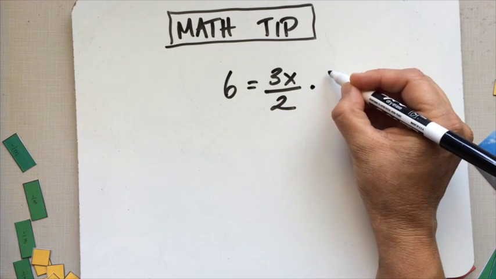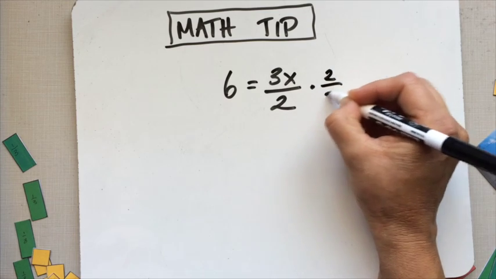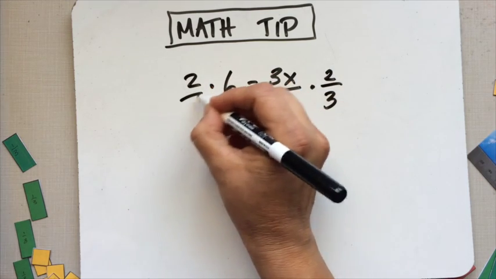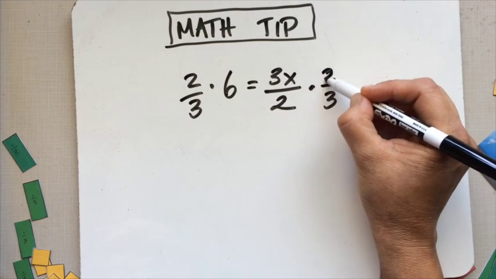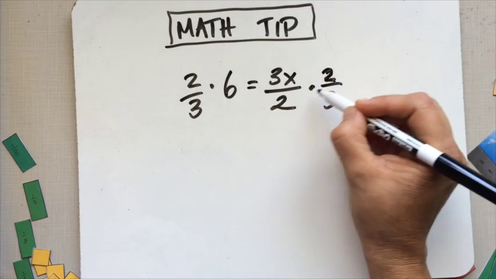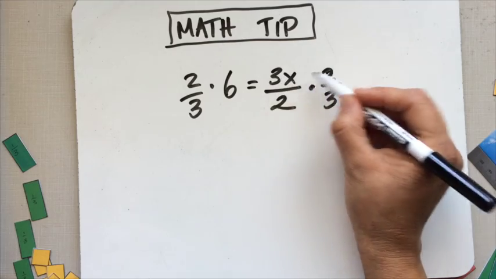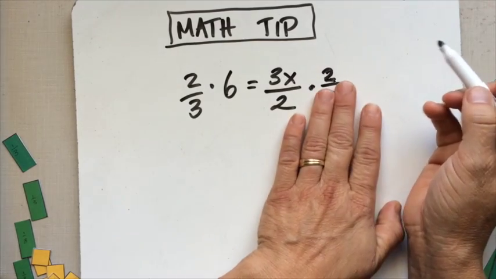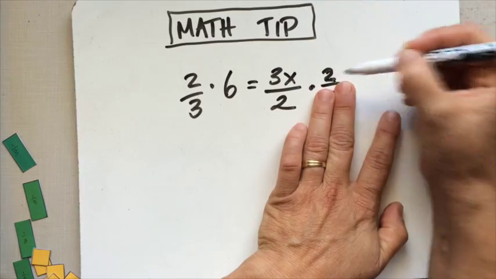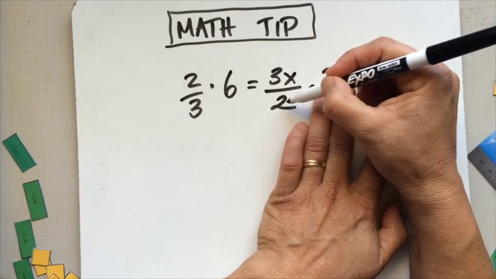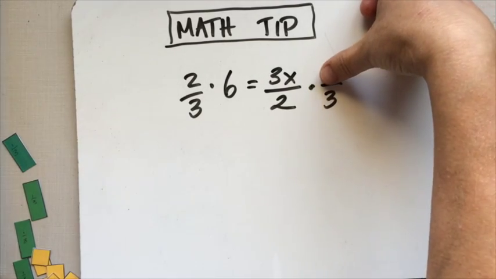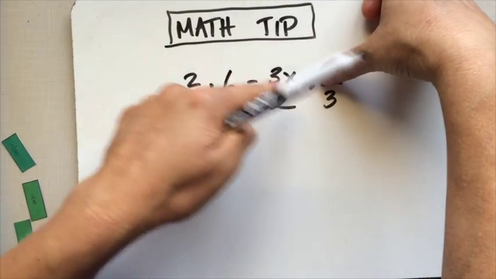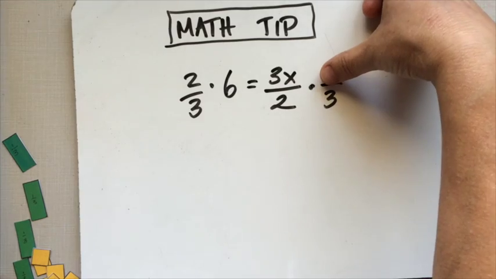You're going to see this: multiplying both sides by 2/3. Do you see that when I put this 2 in the numerator here, I'm actually multiplying by 2? If this wasn't here, this would be multiplying 3x over 2 by 2, which is the inverse of dividing by 2. And this 3 here, by putting a 3 in the denominator, I'm multiplying 3x over 2 by 1/3.